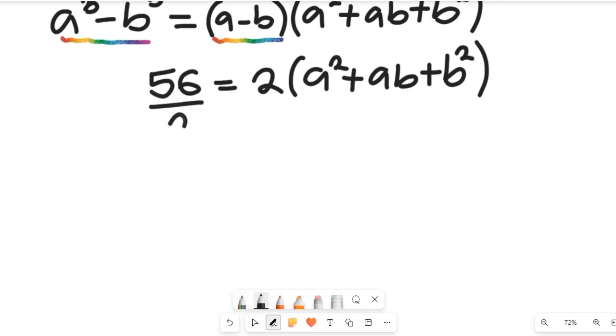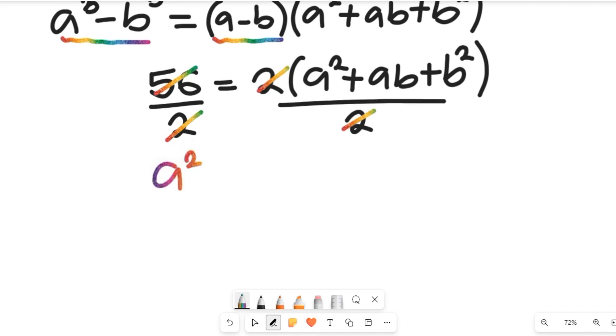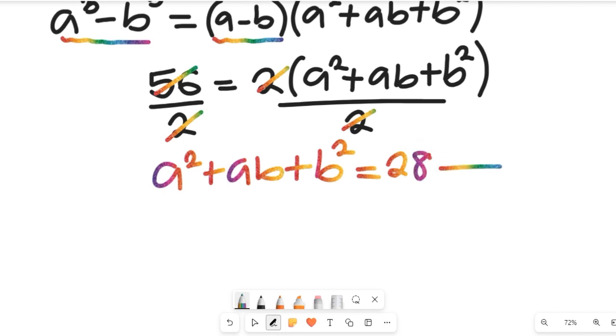If we divide here by 2 and divide here by 2, then these 2 will clear to give us 28, while these 2 will clear these 2. So that means a square plus ab plus b square will be equal to 28. So we're going to take this to be equation 3.